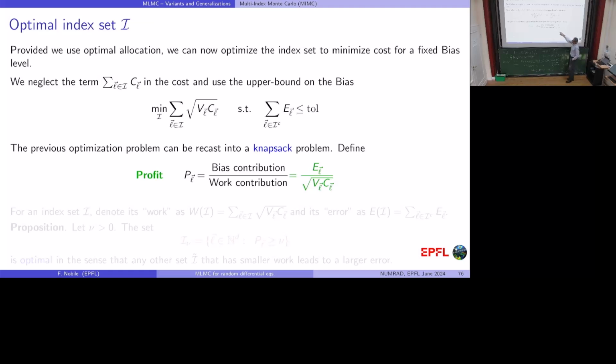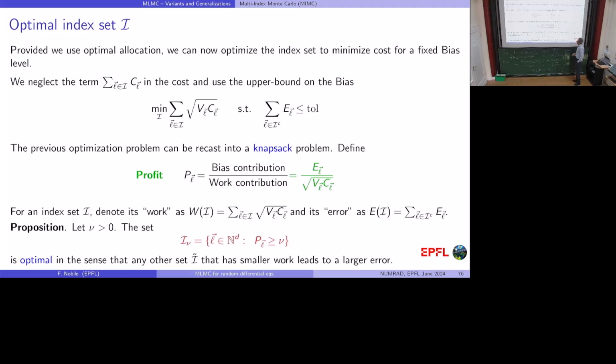What you should look at is the ratio between the error contribution of delta L and the unit cost. I call this the profit. Then you list all the multi-indices by profit, and you take the most profitable ones. That's the optimal solution of this problem. So, let's say I pick some threshold nu.